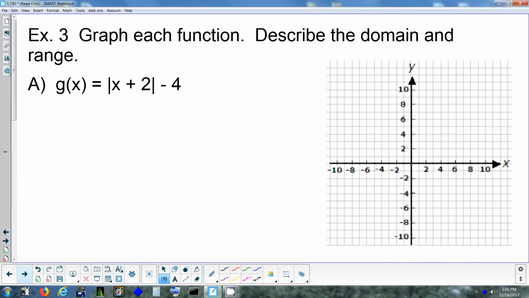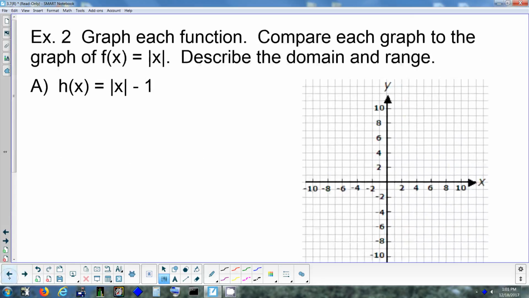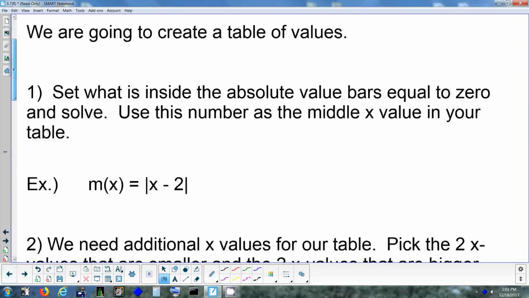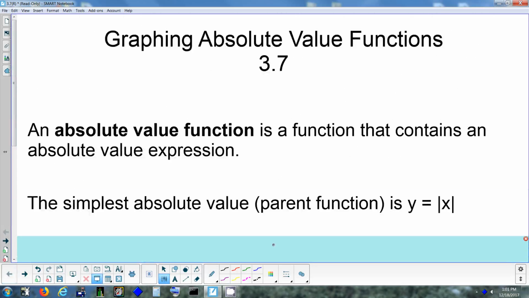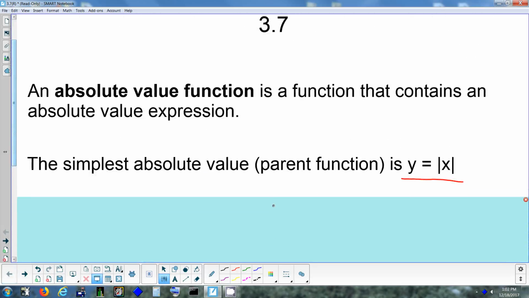So if you wanted to make this absolute value as simple as possible, you would get rid of all the numbers. The simplest absolute value function is y equals absolute value of x. You can't get any simpler than that.